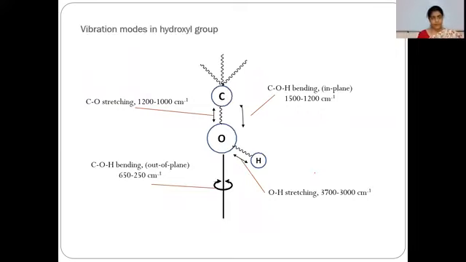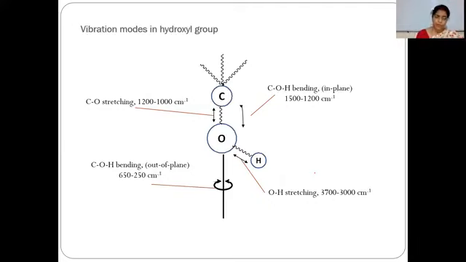And in the last slide, it shows different vibrational modes present in a molecule. Here we are taking the example of any alcohol. In alcohol, the carbon of alkyl group is attached with the OH group, carbon oxygen covalent bond and oxygen hydrogen covalent bond.